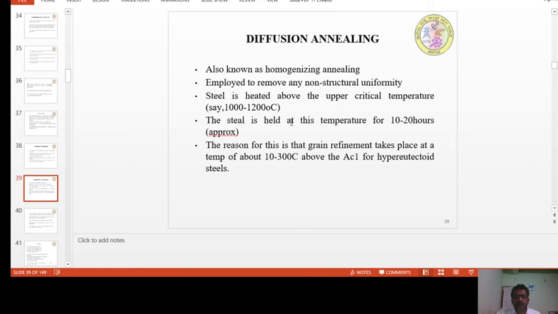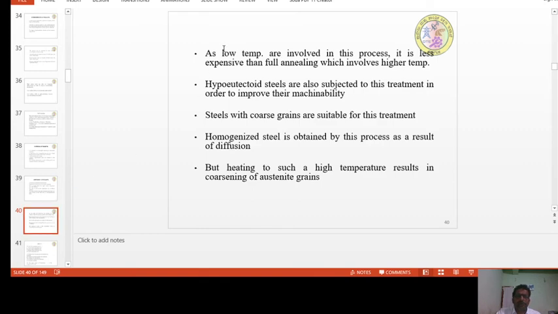The steel is held at this temperature for 10 to 20 hours approximately. The reason for this is that grain refinement takes place at a temperature about 10 to 300 degrees centigrade above AC1 for hypoeutectoid steels. As low temperatures are involved in this process, it is less expensive compared to full annealing, which involves higher temperature.